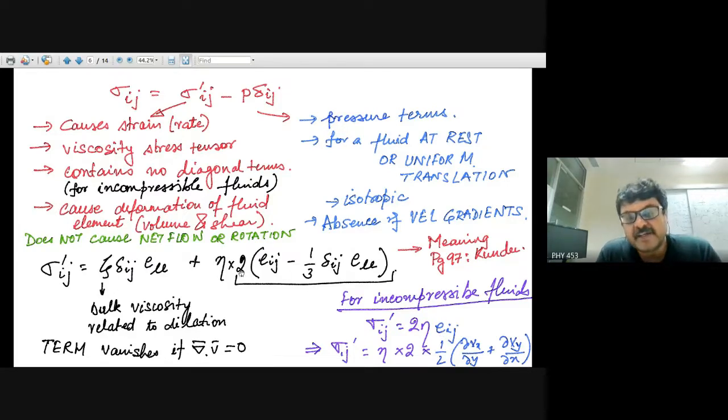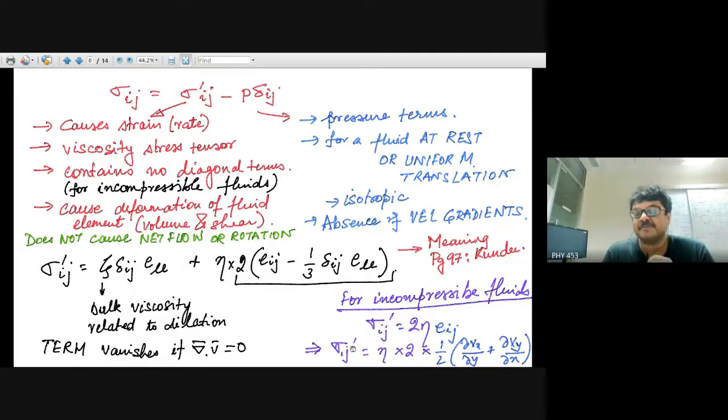You have this factor of two here because you basically want to say that the viscous stress tensor depends on viscosity terms, del Vx del Y plus del Vy del X. Remember this Eij term, when we decompose the symmetric part, it comes with a half term, and this 2 is here essentially to take care of that.